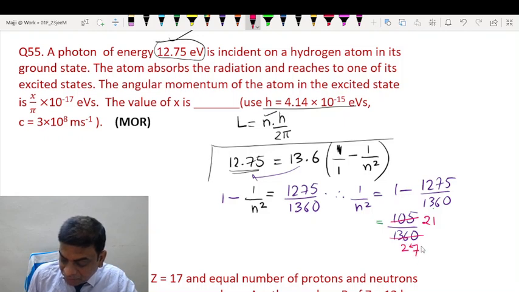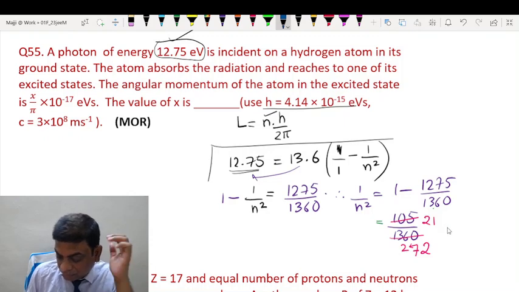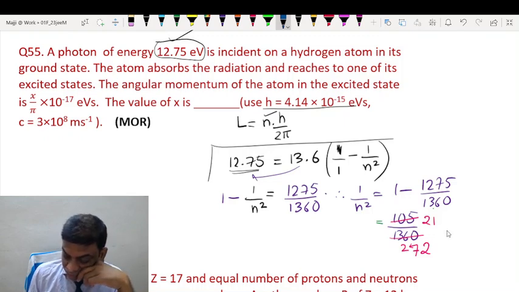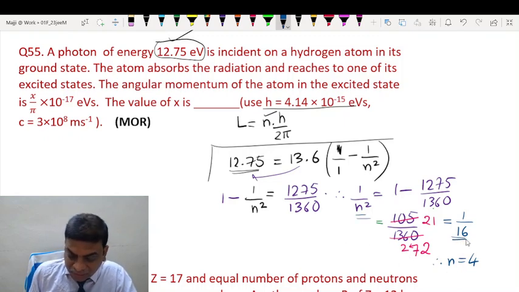So this will be close to 21 by 272. 21 tens are 210. So it will be close to maybe 1 by 16, because that is the only perfect square I can see. So n squared is equal to 16, and n is equal to 4.